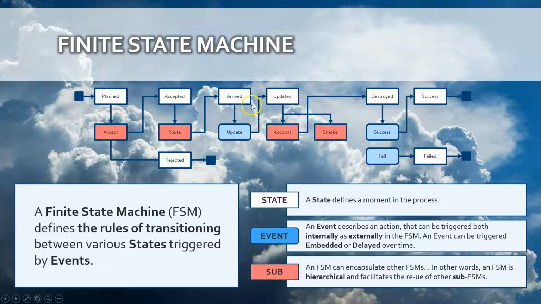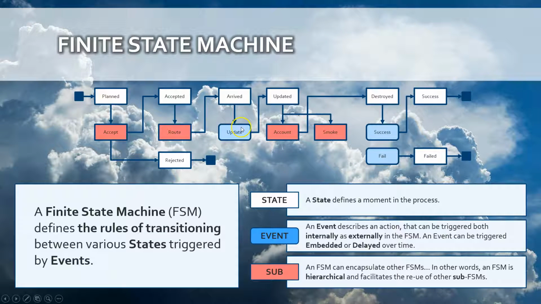So the finite state machine during execution will transition between the states. It will go from planned to accepted to arrived to updated, and the events are executing the transitioning. Now, it could very well be that an update event has been fired, but the finite state machine was still in the accepted state. So the event transitioning won't happen.